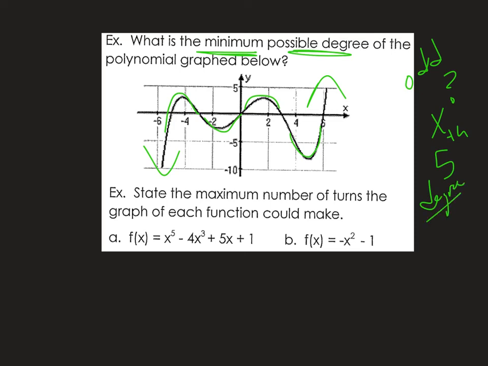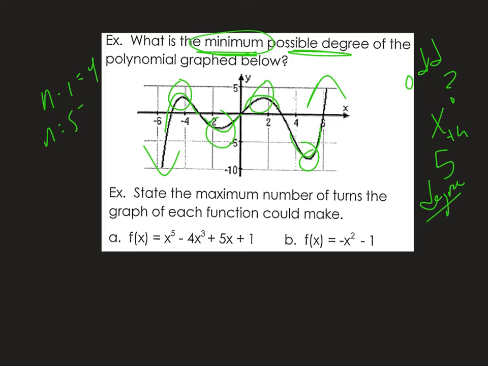Now, who's to say it's not a 7th? Maybe one of these is a stretch. I'm not saying it's not, just saying that it has to be odd. And seeing that I have 1, 2, 3, 4 bends, if n minus 1 gets us any information, with 4 bends, I'm going to get n is equal to 5. That's the minimum it could be.